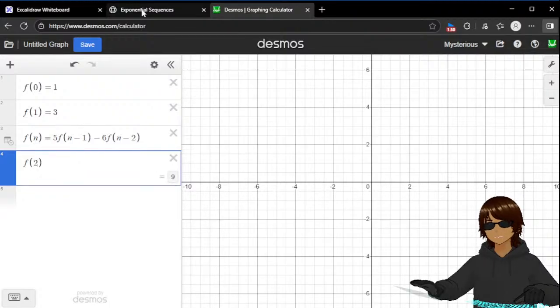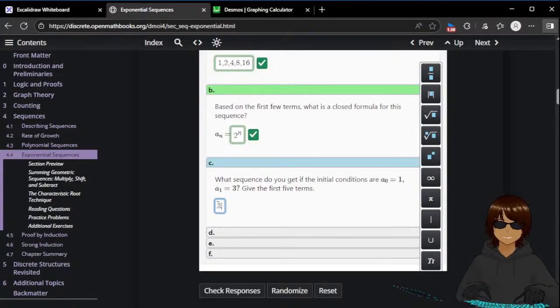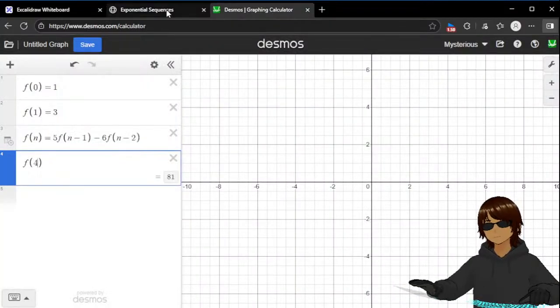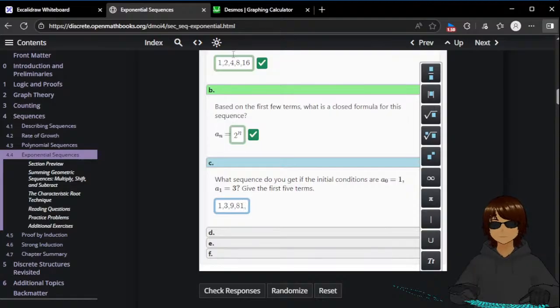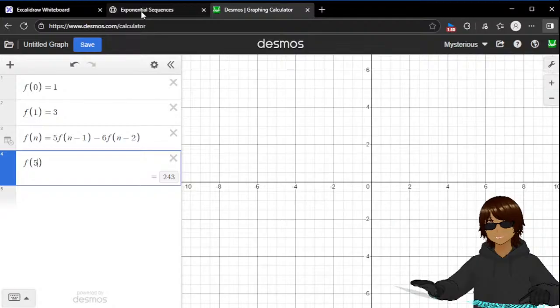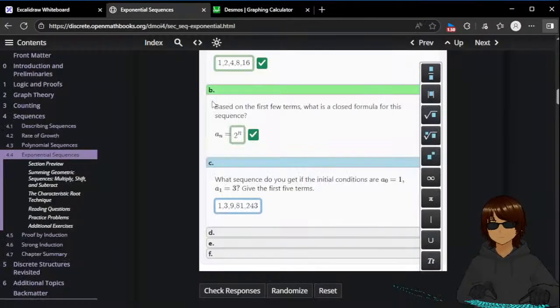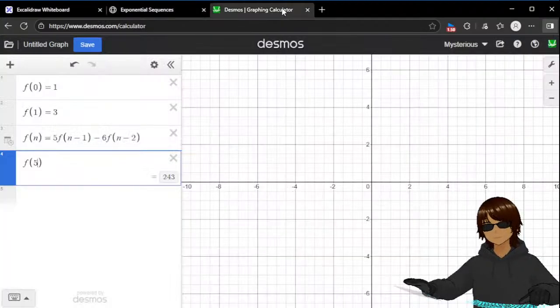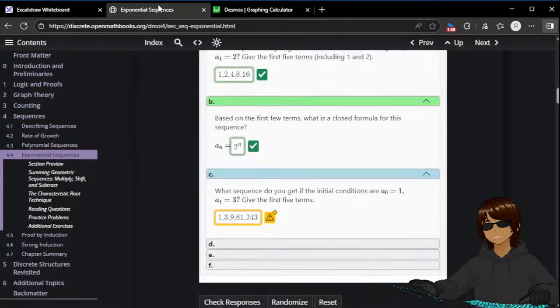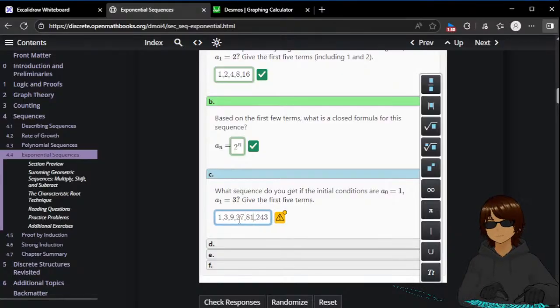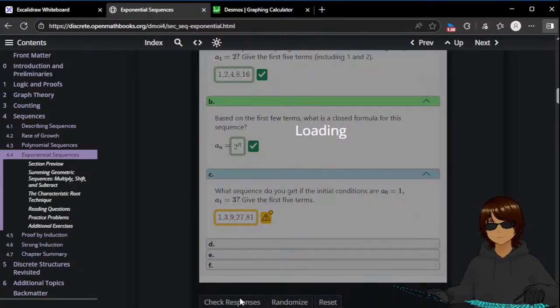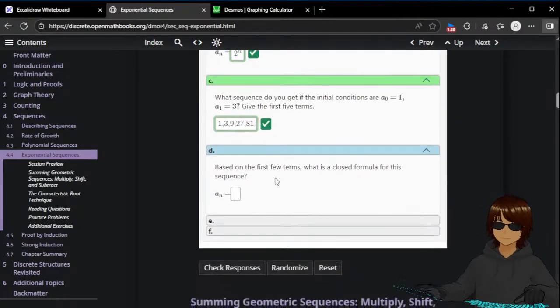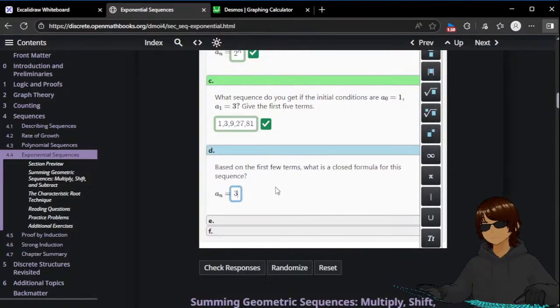So we have 1, 3, 9, 27, 81, 243. Based on the first few terms, what is the closed formula? 3 to the power of n.